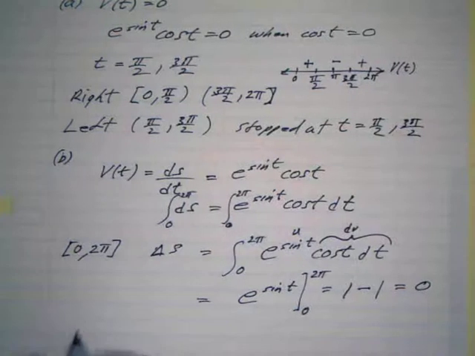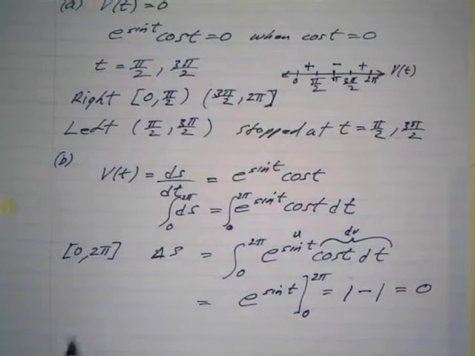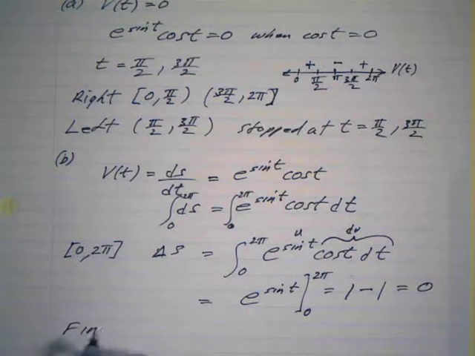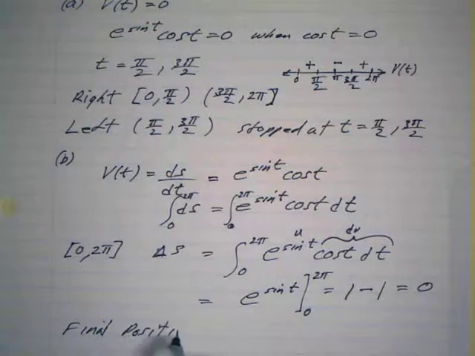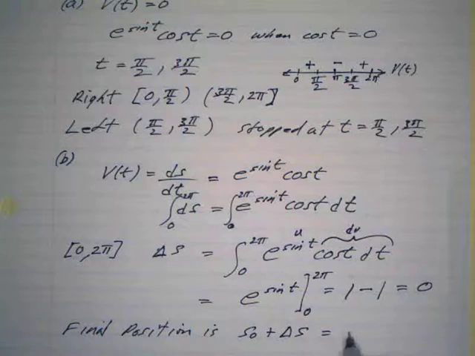So again, my final position is going to be my initial position, S sub 0, plus my displacement, delta S. And my S sub 0, again, was given to be 3, plus my displacement, which is 0, so it's just 3. So my final position, again, is 3.